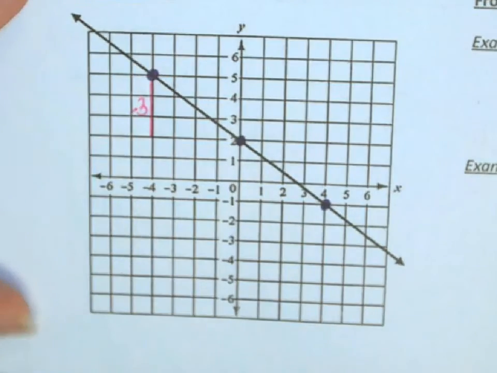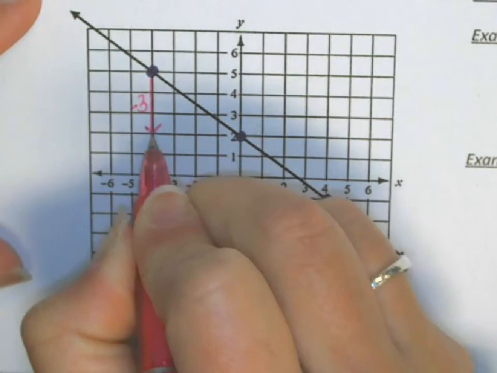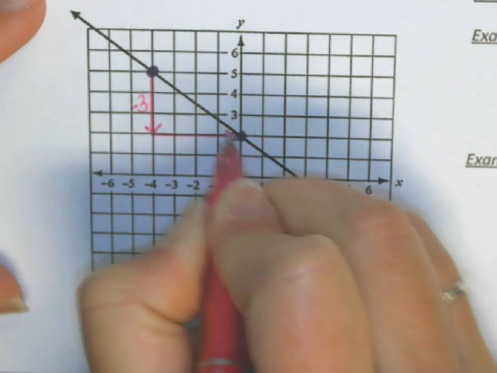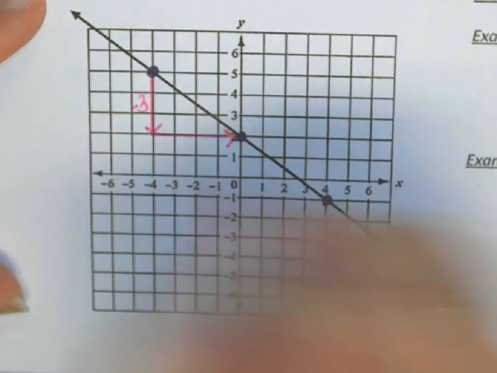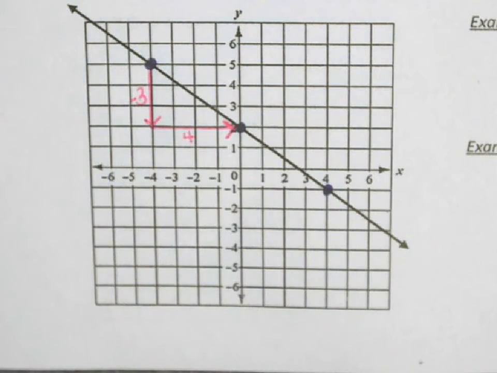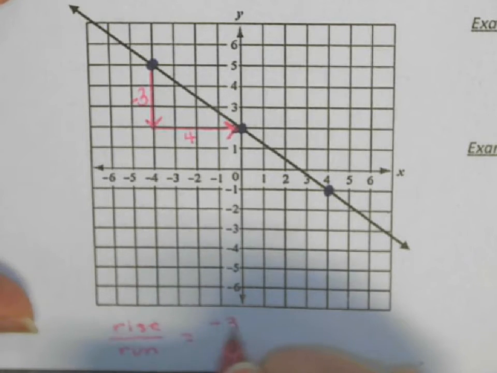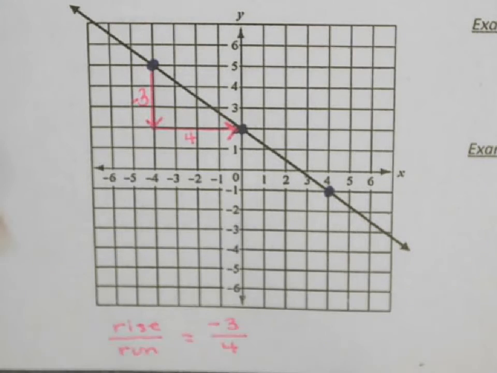So my rise is negative 3. When I go to the right, that is positive on a graph. So I'm going from negative 4 to 0. That's positive 4. Okay, so my rise over the run is going to be negative 3 over 4. So my slope here is negative 3/4. I have to reduce the fraction if necessary.